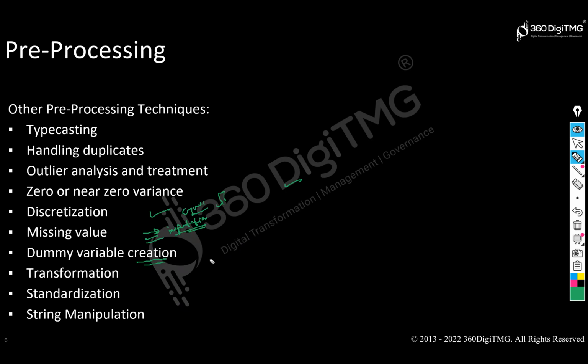Then transformation we will do. When we want to convert categorical data into numerical data, we can do that, or when we want to convert unstructured data into a structured format, then we do some transformations. Then standardization is also possible, standardizing the data, scaling the data, all these things. Then string manipulation is also possible in Python.